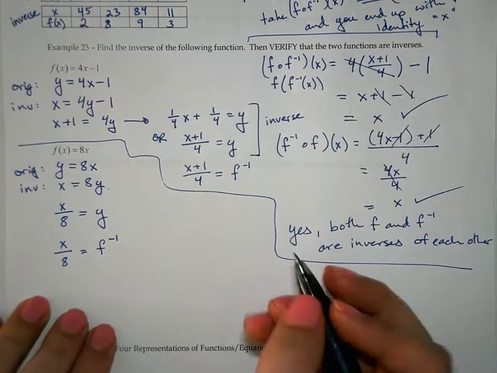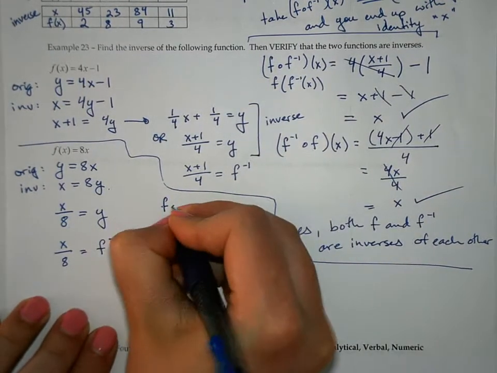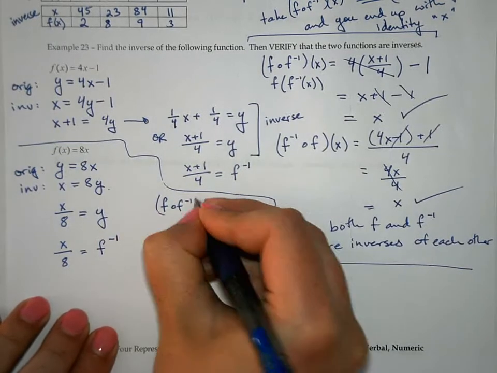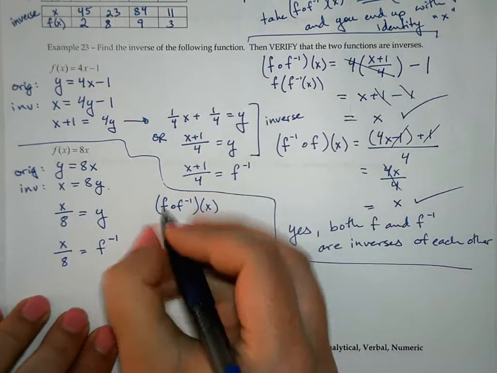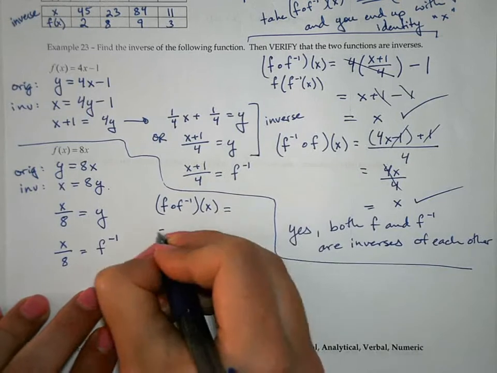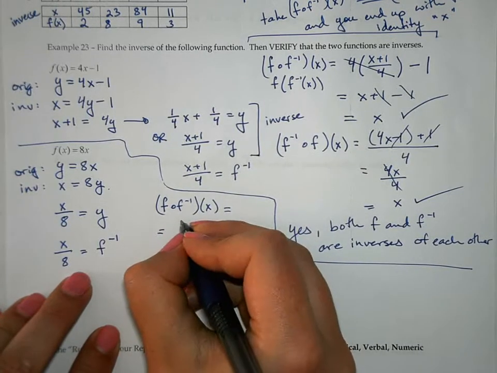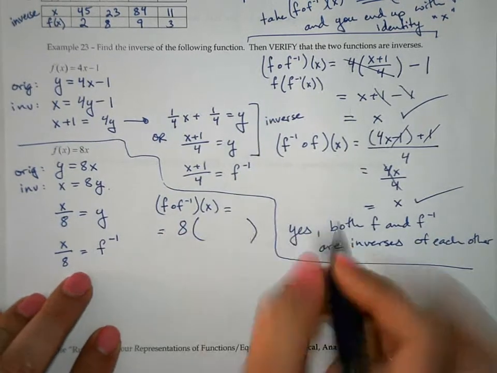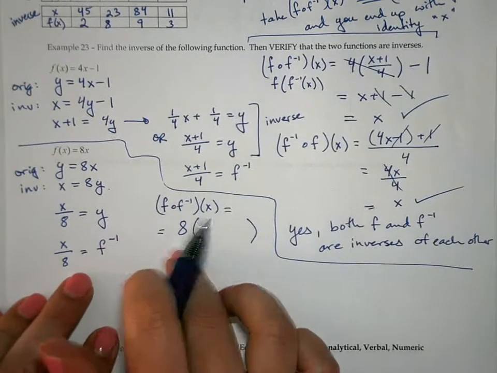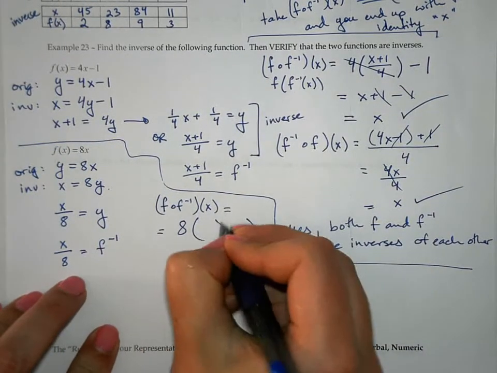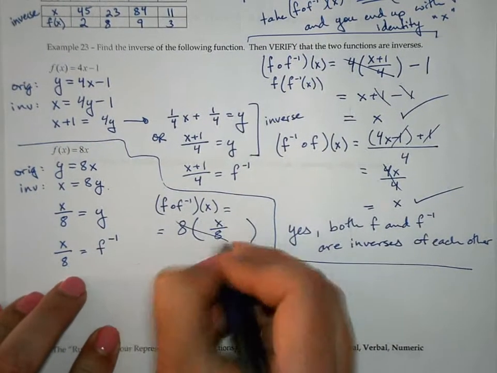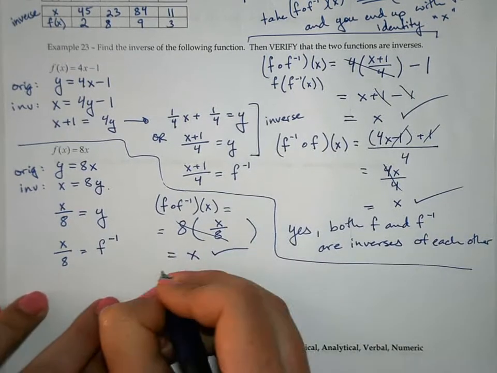To check it, to verify, the outer function comes first, the f, so 8 of something. We put in the x over 8, the inverse, cancels, we get x.